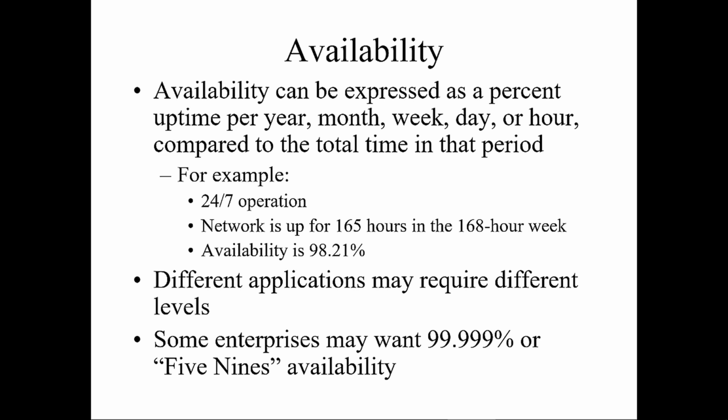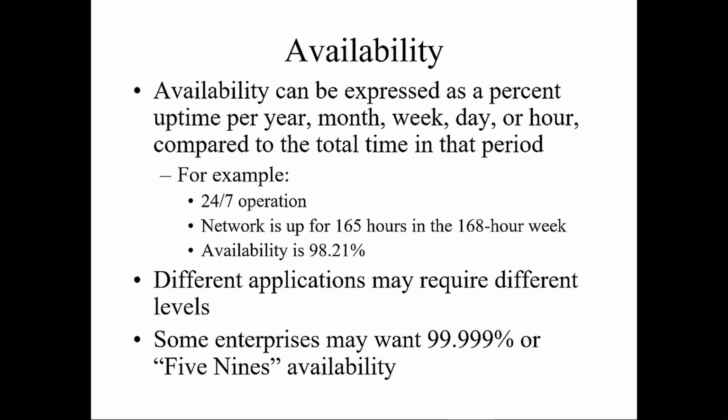Availability is normally expressed as a percentage of uptime per year, month, week, day, hour, minutes, seconds, all depending. You have to think that availability for resources normally is focusing on how often they are up. For example, 24/7 operations.